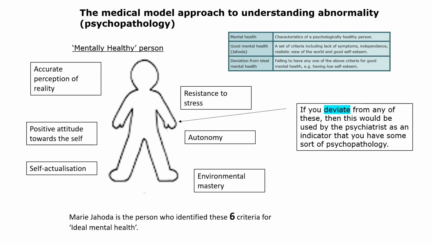Okay? It actually is about just regulating your emotions, your behaviours, and all of these other things depending on the environment. Most of us do that. We might not consider ourselves to be masters of the environment, but we do that. Somebody who has an abnormality, certain types of psychopathology, certain illnesses, will not be able to do that.